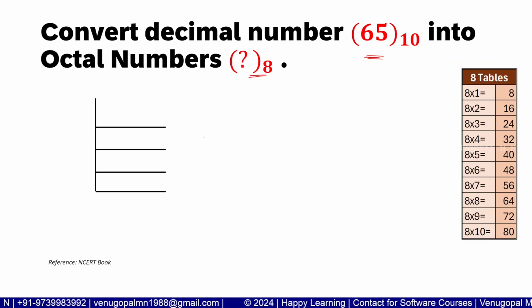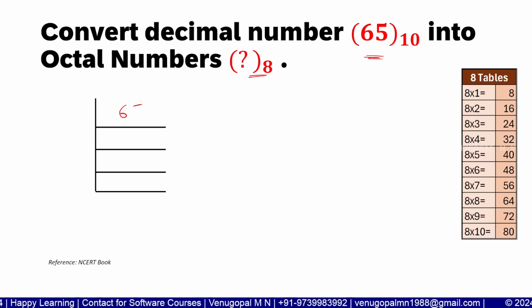However, at this stage you know tables 8, 9, 10 and all, right? You can also note down the table of 8 somewhere in a section of your worksheet, so that you can easily solve any of these kind of examples.